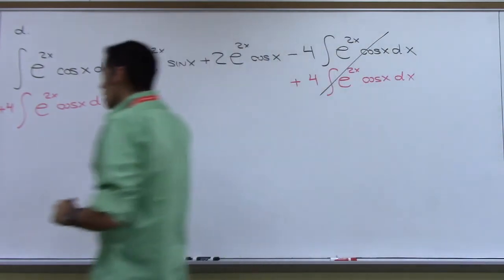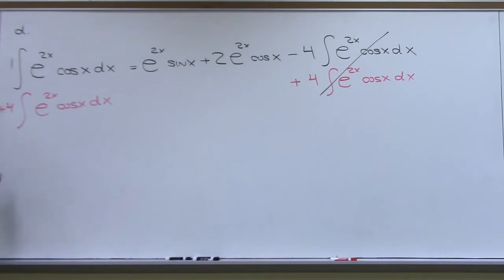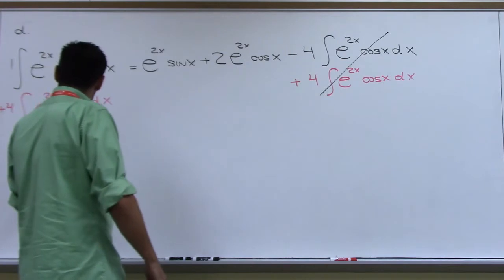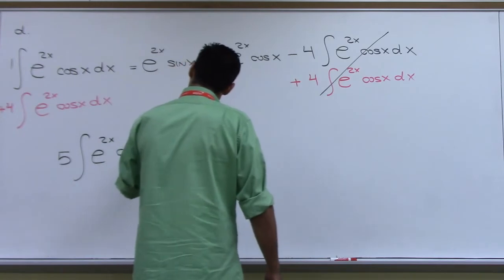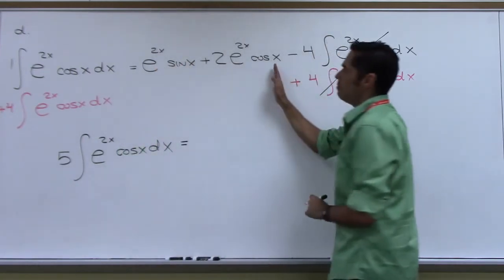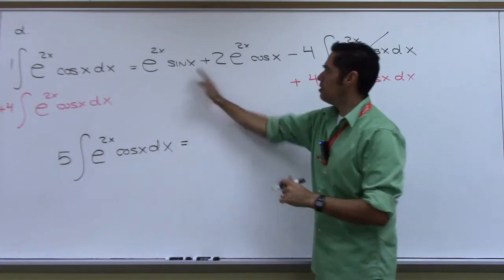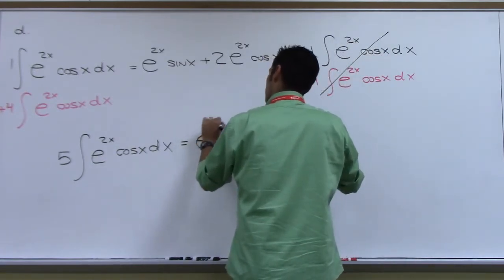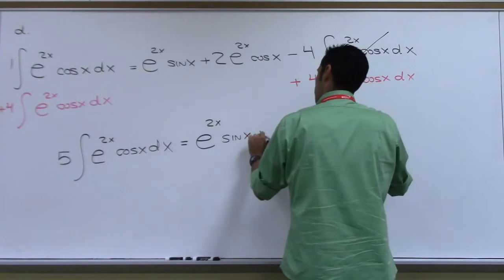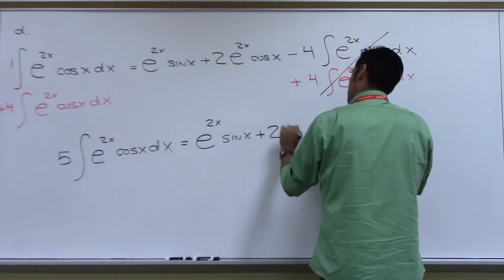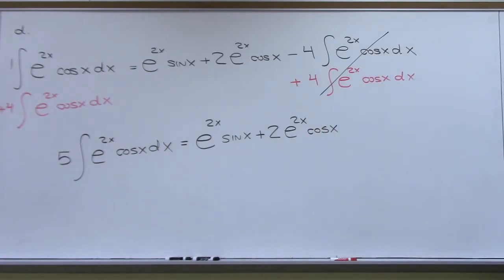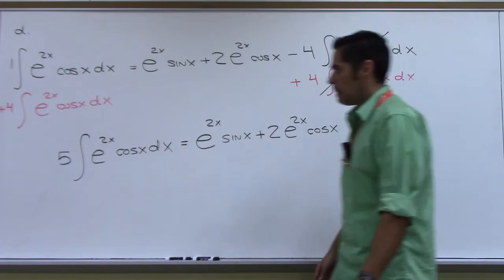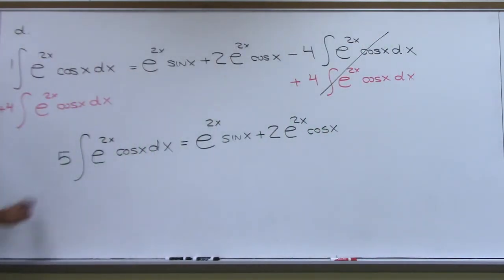And over here, if you have one of these integrals and you add 4 of them, how many of them will you have? 5 of them. So 5 of these integrals will be equal to just these 2 pieces right here: e to the 2x sine x plus 2e to the 2x cosine x, right? And all that went away. But that's what 5 of those are.